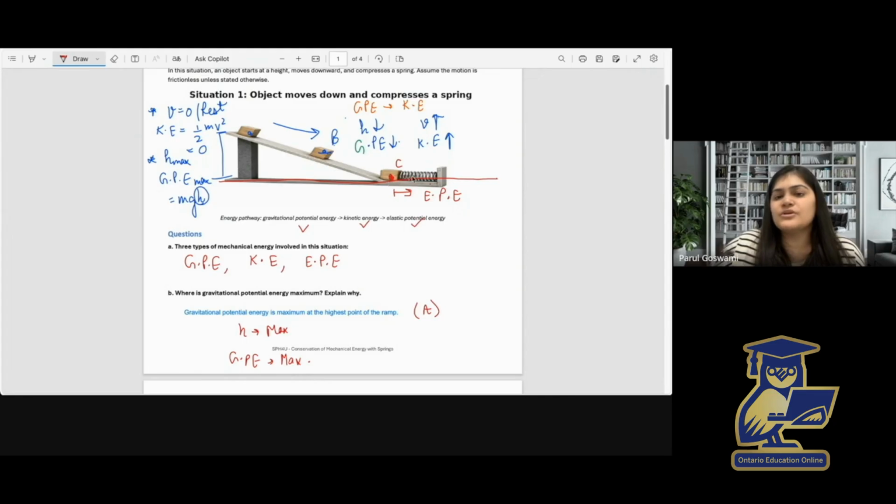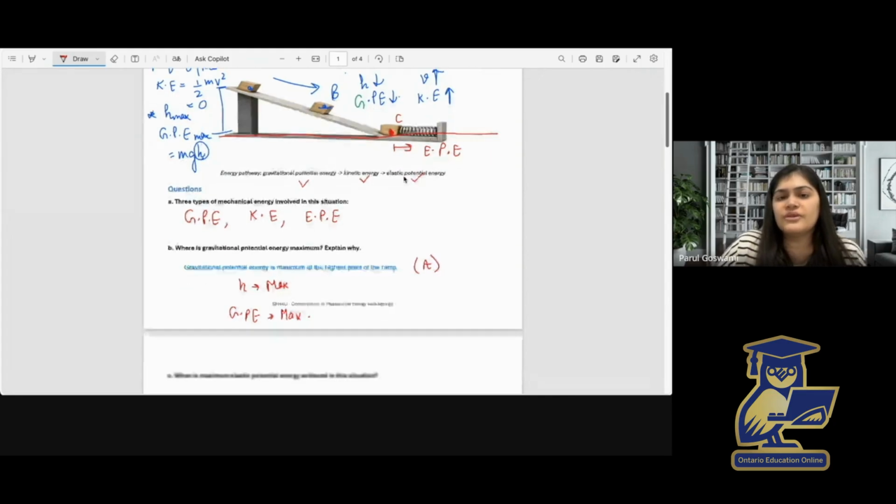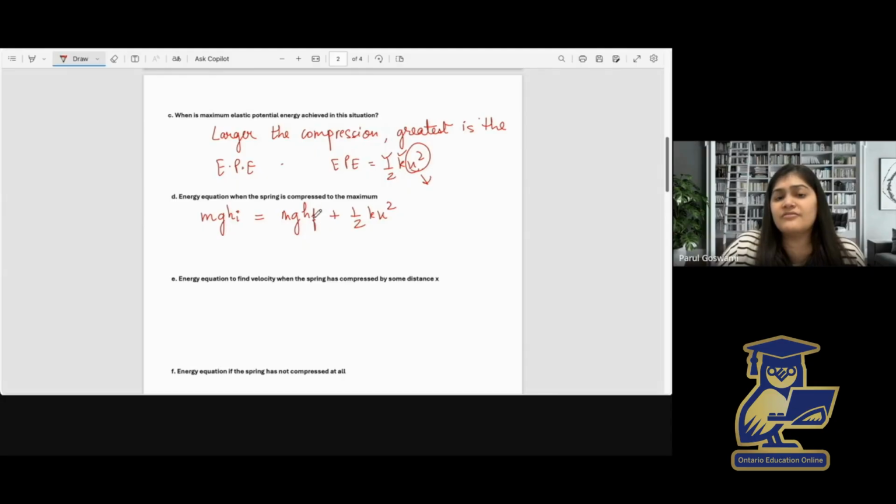It means at point C, h is 0. So at height final equal to 0, we can simplify this equation as mgh initial equals half kx squared. It means all of the GPE has been converted into EPE.